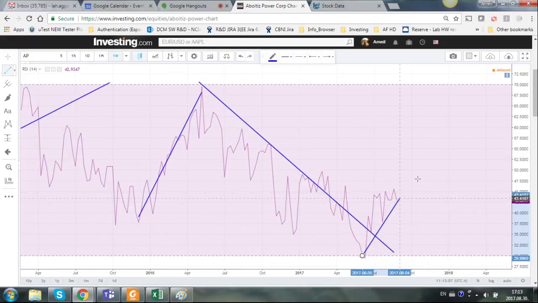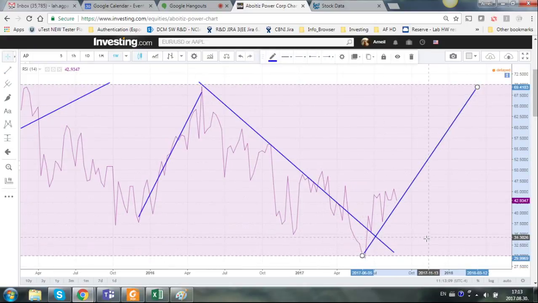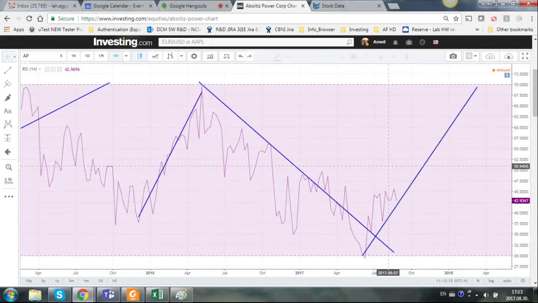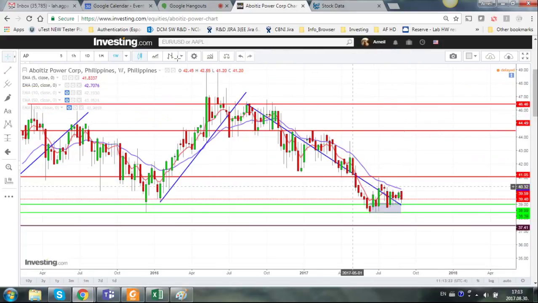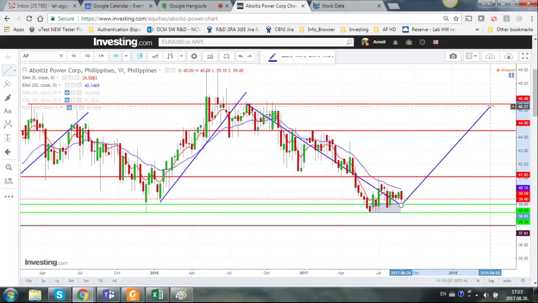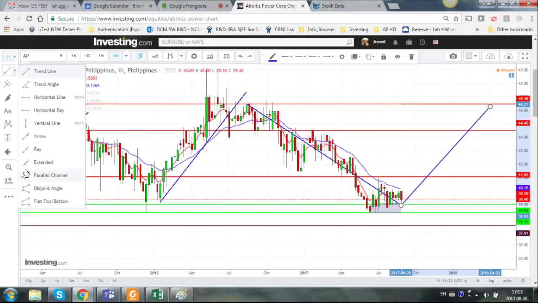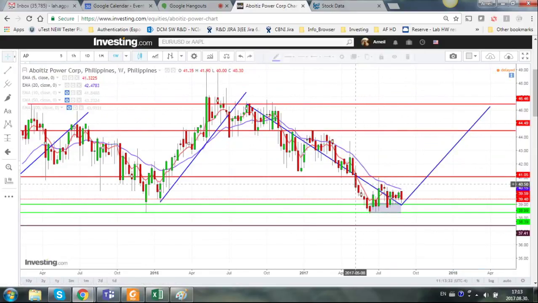So, draw ka na yung ngayon ng line. As long as the RSI is staying on the trend line, we can say that it's already going up. So, it's also this one, see, it's very interesting. Ito yung strategy for the RSI.